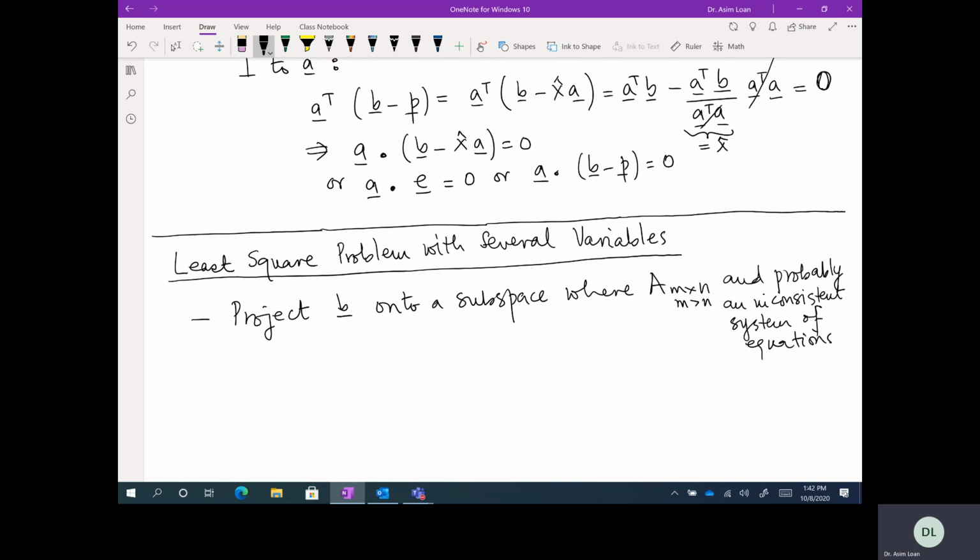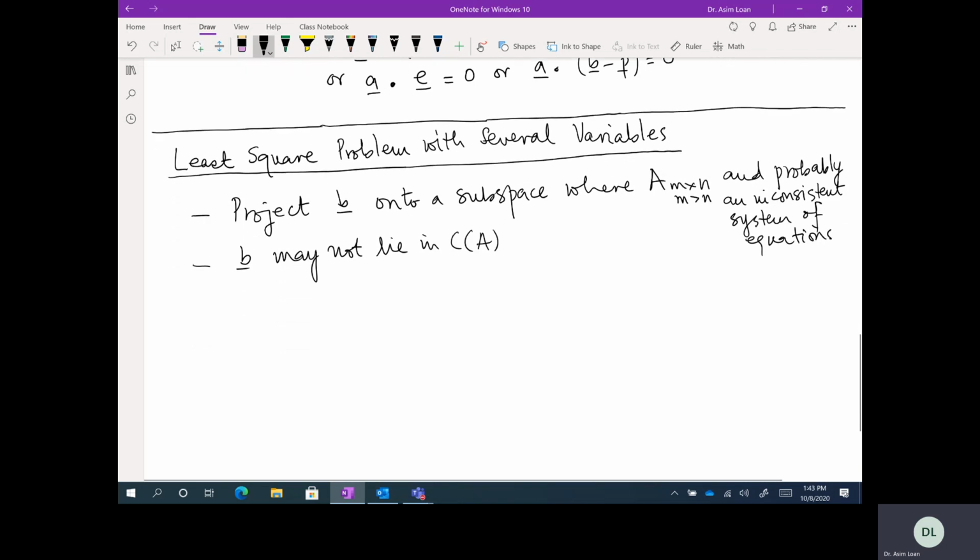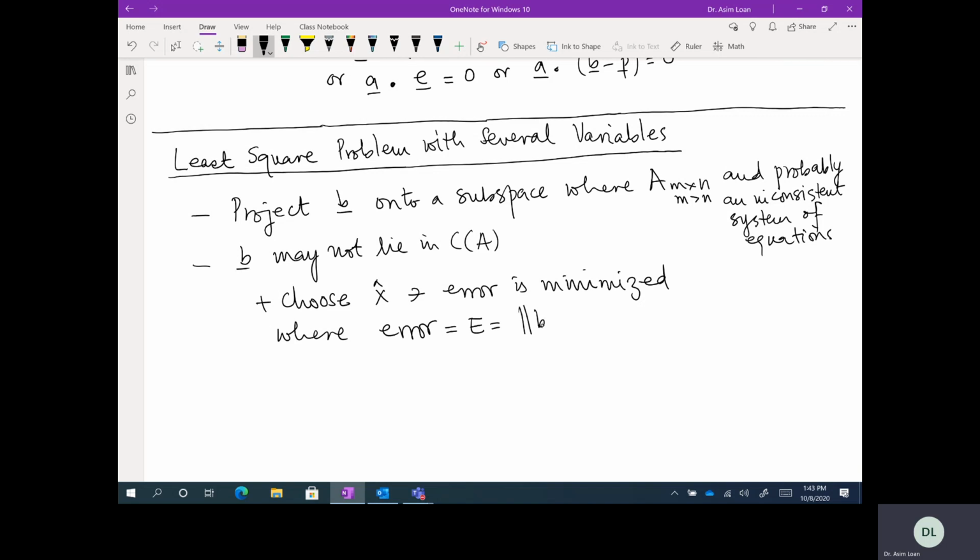Okay. So B may not lie in the column space of A, this is the most general case. So what we do is we choose X hat such that the error is minimized, where the error E is AX minus B, or B minus AX, one and the same thing.